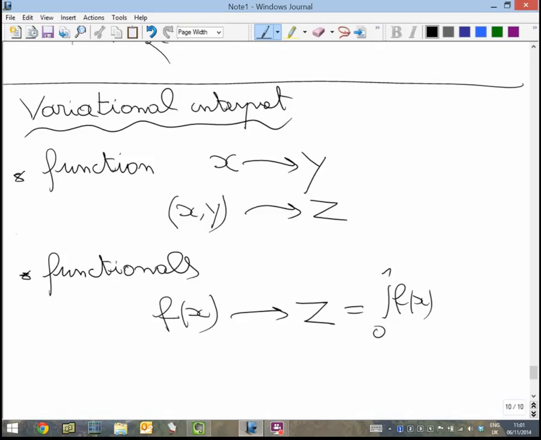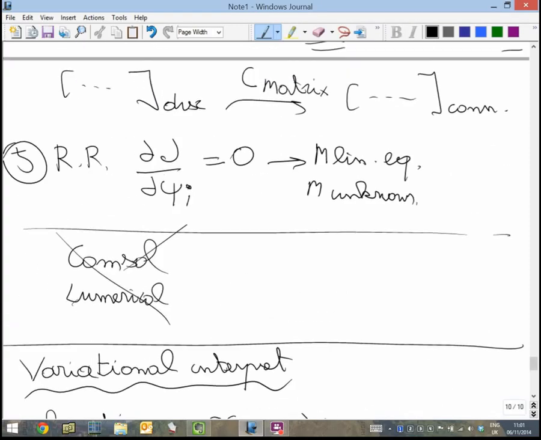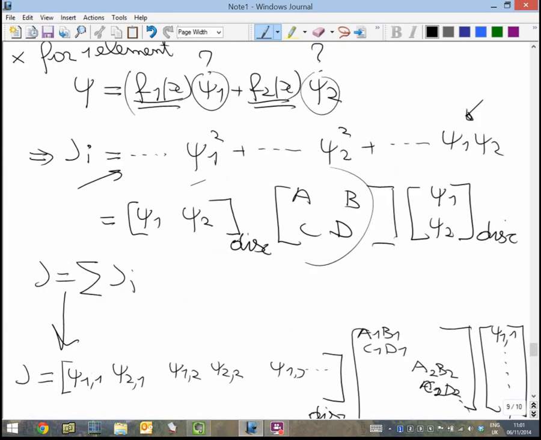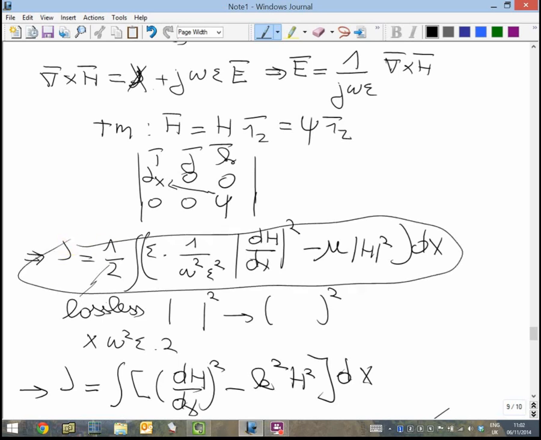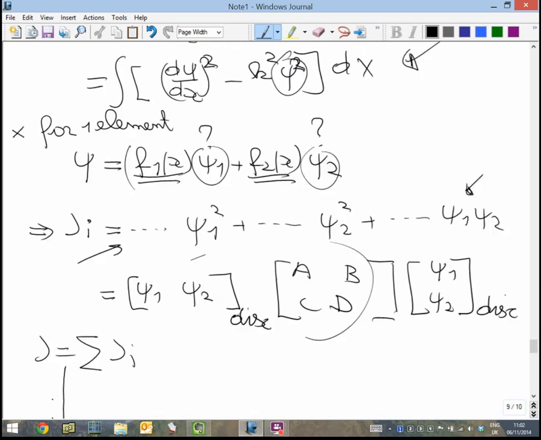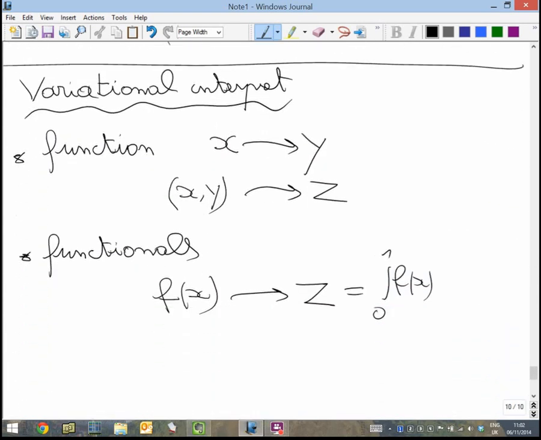But in more recent memory, is there something that we have encountered which you could interpret as a functional? So what about something like this? This is again an integral, of course, but here it's our J. This mysterious function J we've derived is in fact not really a function, as you can see here.